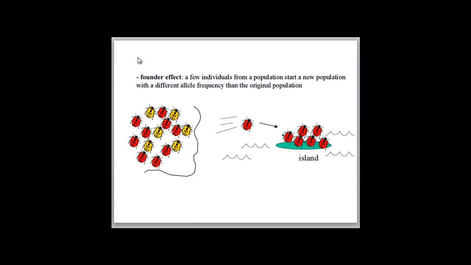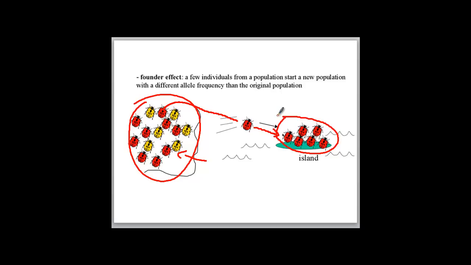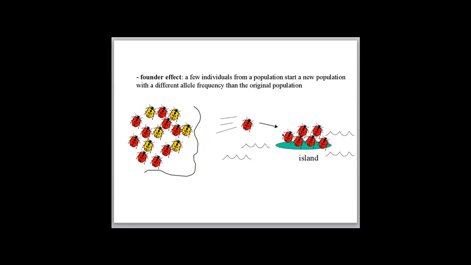You have a population on the mainland, where one of the individuals gets put onto an island or another location, and now where here you had some diversity of, say, yellow in this case, all of these are red. You have no yellow. Just by chance, this particular genetic makeup moved. All right, that's called the founder effect, which I think you're familiar with now.